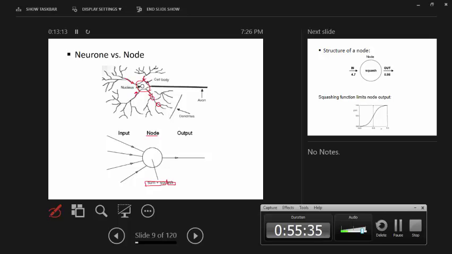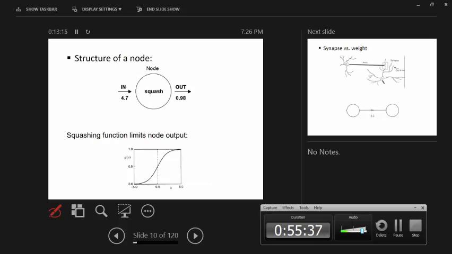That's what we need to learn. That is the thing that we implement. So the structure of a node is that there is an incoming edge and an outgoing edge.